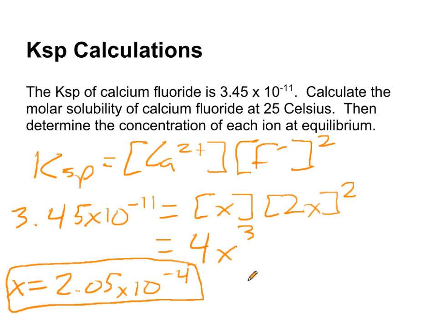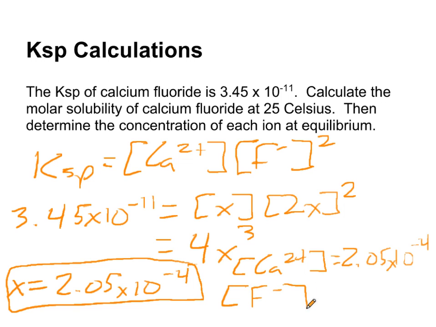Now the rest of the question was asking about the concentration of each ion at equilibrium. Well, calcium was just x, so the calcium concentration is 2.05 times 10 to the negative 4th. The fluoride concentration was 2x, so we have to multiply that by 2.